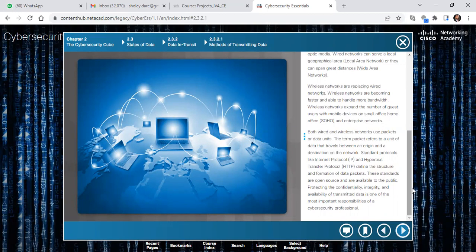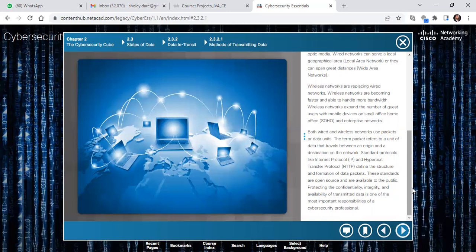There are protocols that govern the movement of this data from one place to another. So we're going to talk about them. Standard protocols like Internet Protocol, which is called IP, and Hypertext Transfer Protocol, which is called HTTP, are the protocols used to transmit those data, and they define the structure and formation of the data packet.